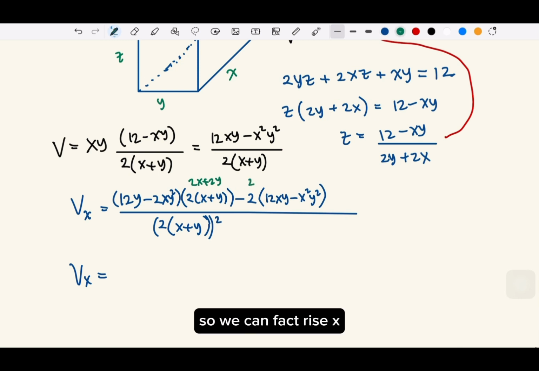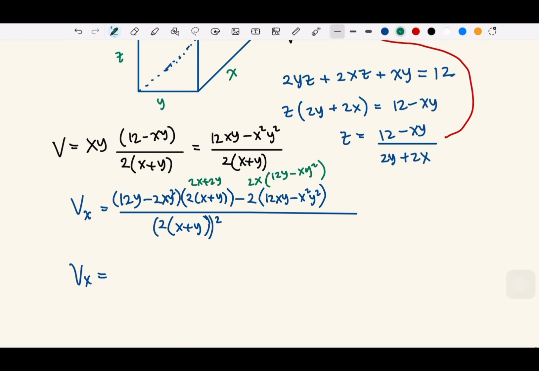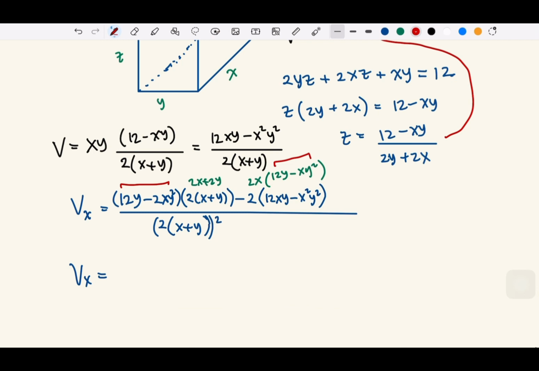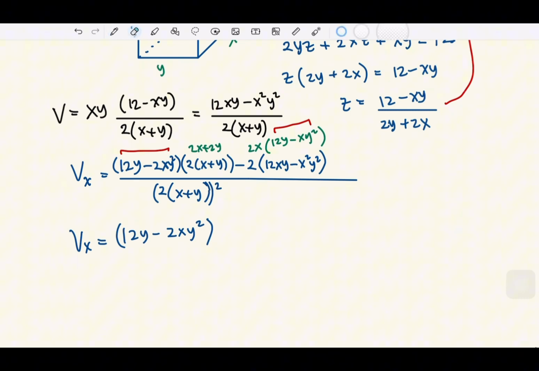So we can factorize x, and this will be 12y minus xy squared. Okay, that's good. So we can factorize this and this. So write 12y minus 2xy squared multiply with 2x plus 2y minus 2x.